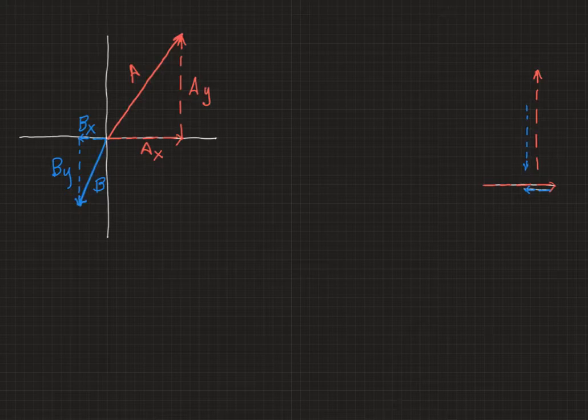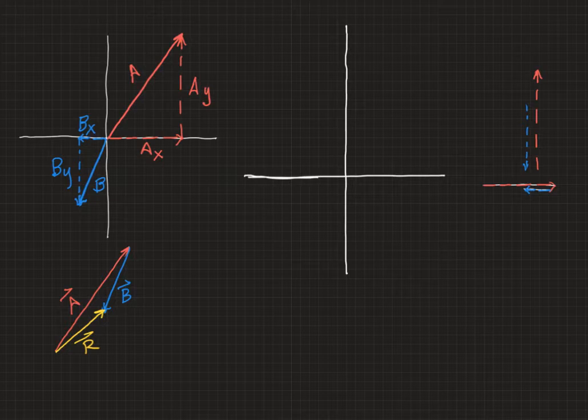Well, first off, because I can do this easily on here, let's see what happens if we add these vectors using tail to tip method. Our resultant vector should be here. I'll call that R. But we really could have done that same thing on the coordinate plane itself, right?